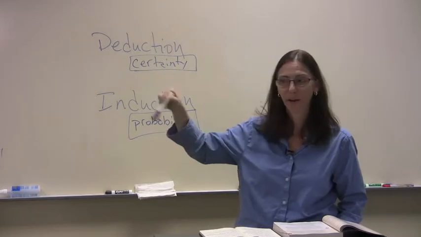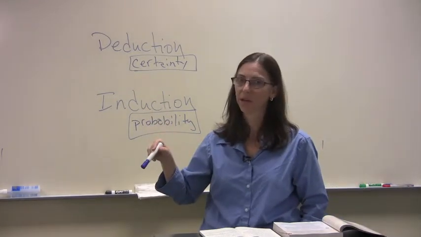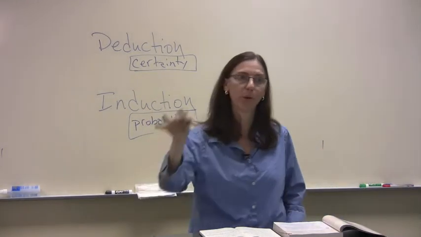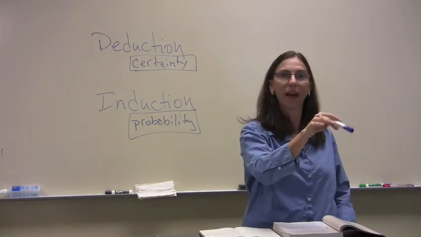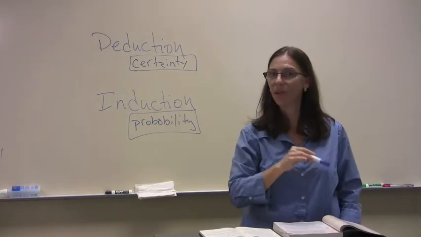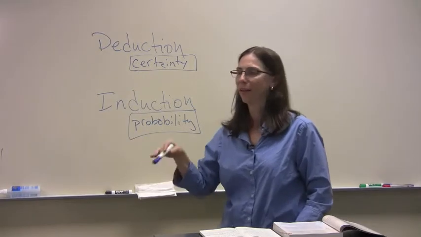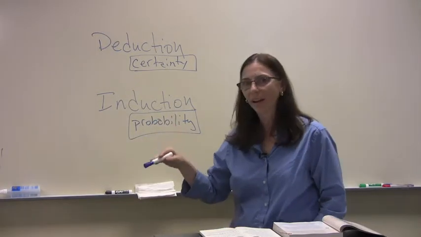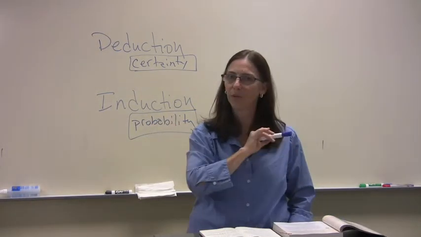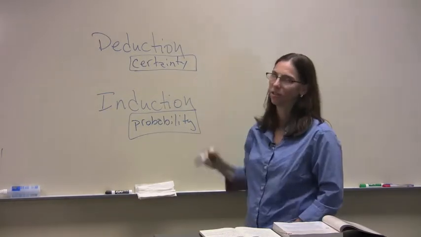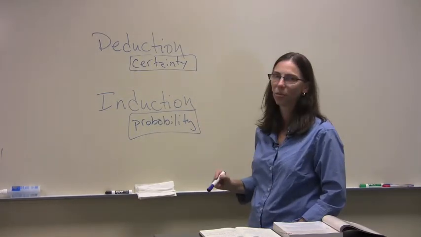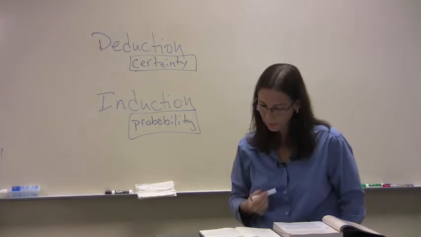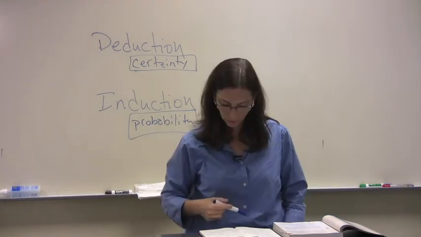He can say, every time these conditions have come together in the past, it has rained. Therefore, we predict that it will rain. So even though 100% of their data suggest what's going to happen in the future, we can't do deductions about the future. We can only do induction about the future. So predictions are always inductive.